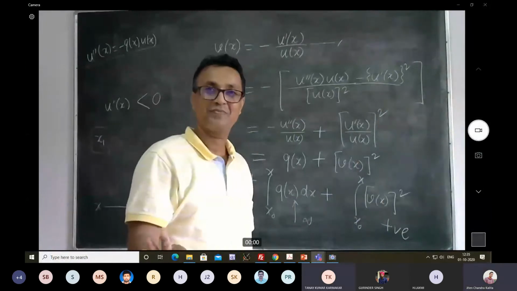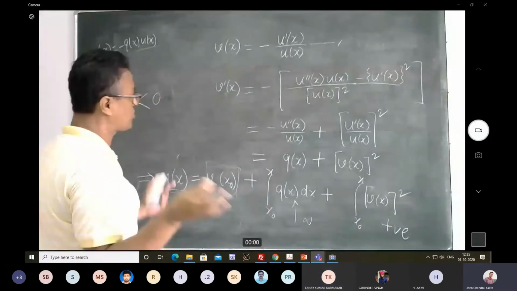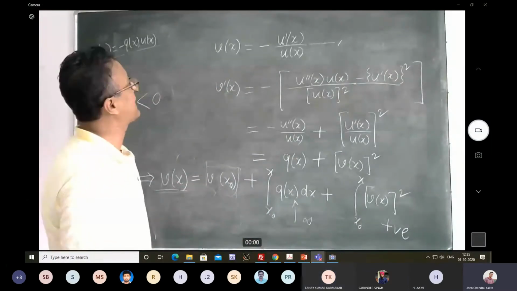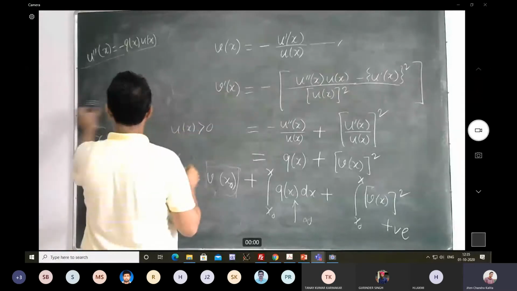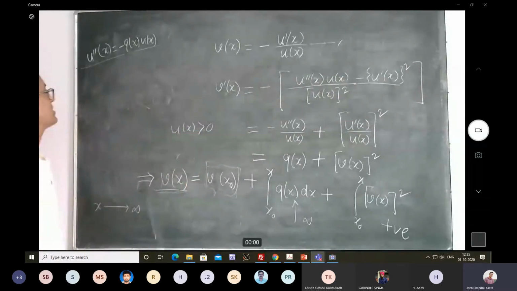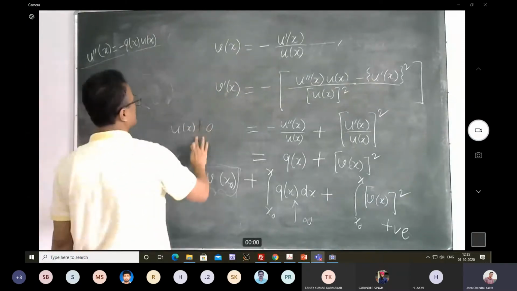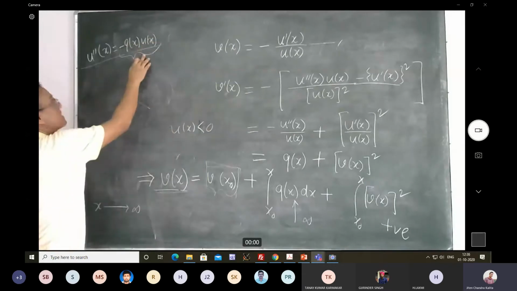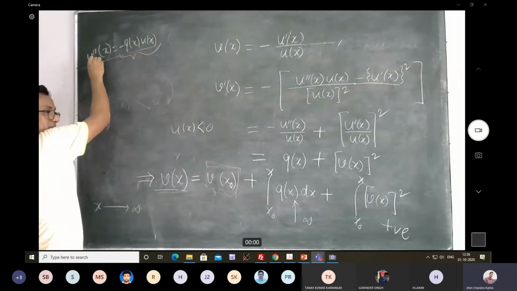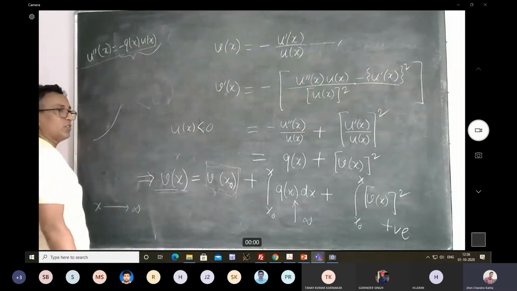So far I have assumed u(x) to be greater than 0, but if I had taken it as negative, we could also have easily proved it. If u(x) is less than 0, then u''(x) is positive, so the function is concave upwards.